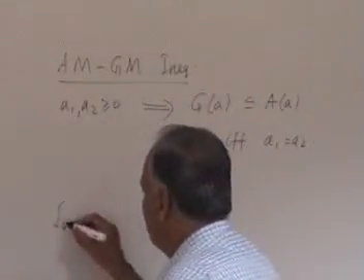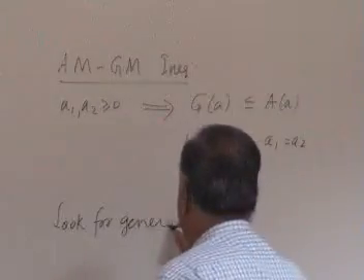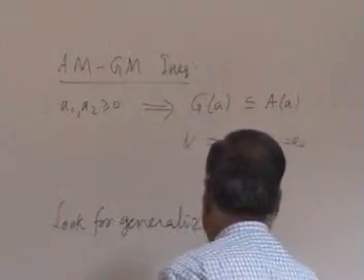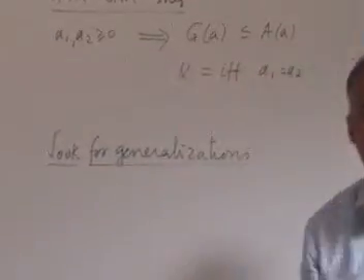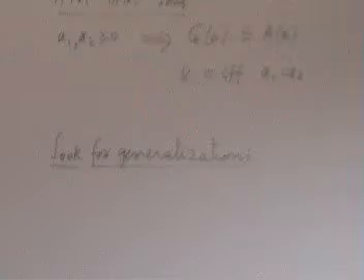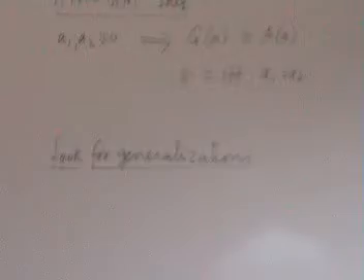Now we look for generalizations. We look for generalizations in several forms. Okay, the first one is: suppose instead of two numbers, I have n numbers.